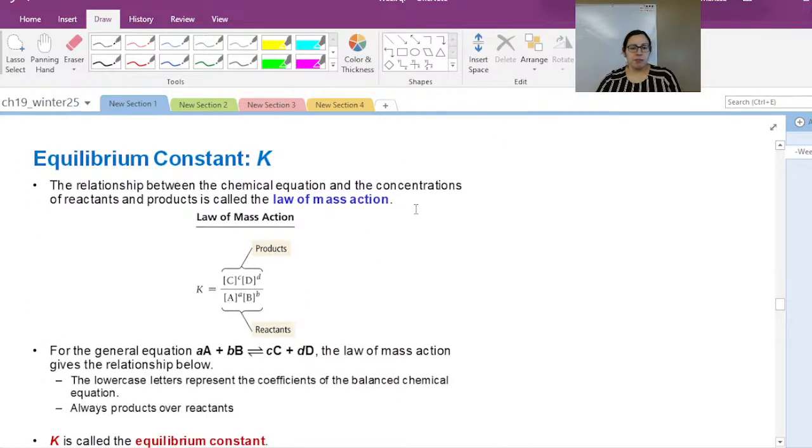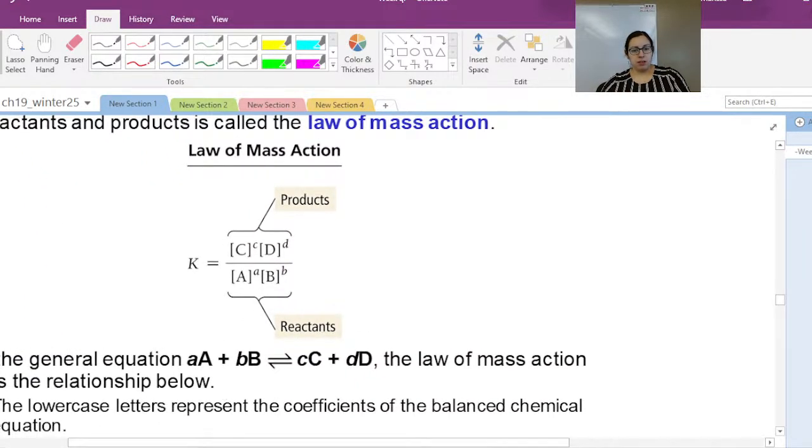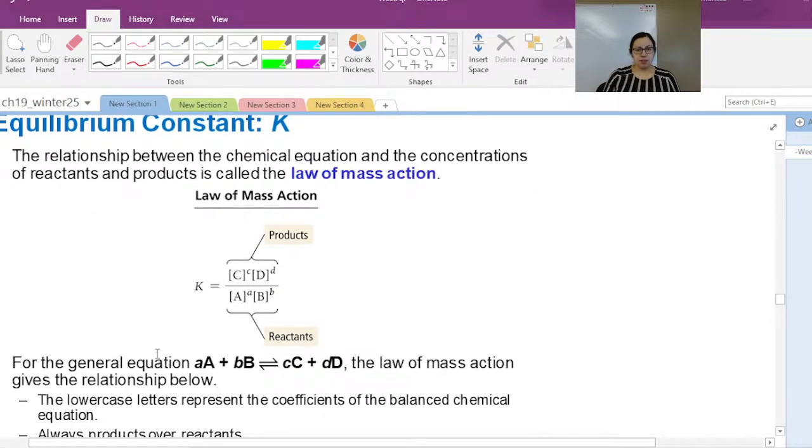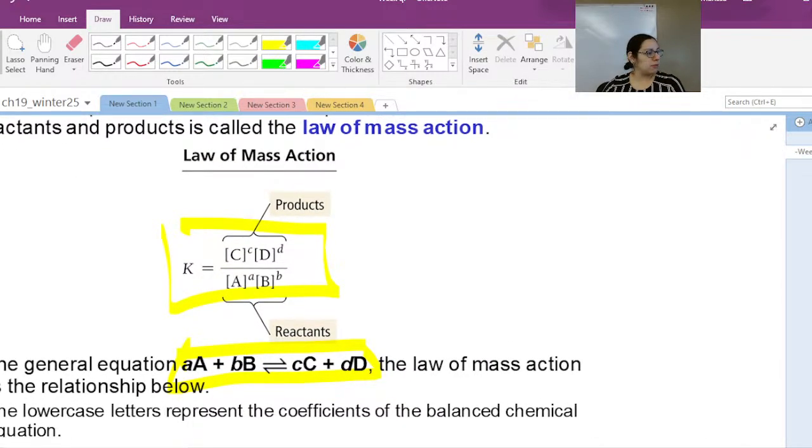All right, so we need to quantify what we just said with K. I would definitely write this down right now, star this. This is our general form of our equilibrium constant. Notice we have our reactants with coefficient a for reactant A, coefficient b for reactant B. I'll zoom in on that.